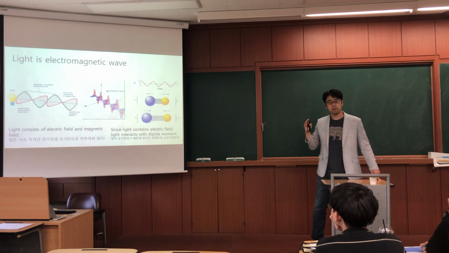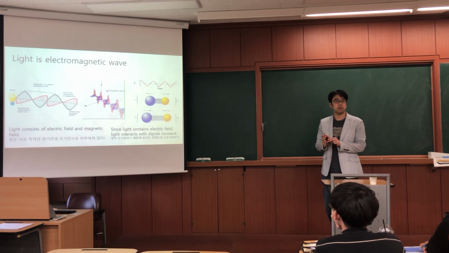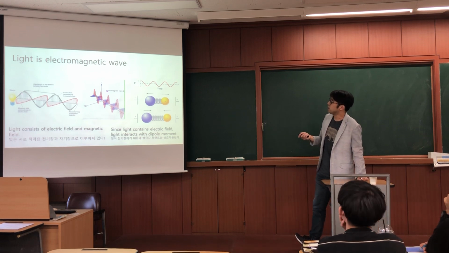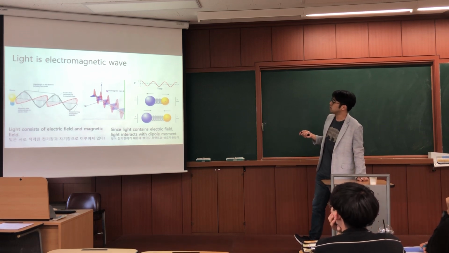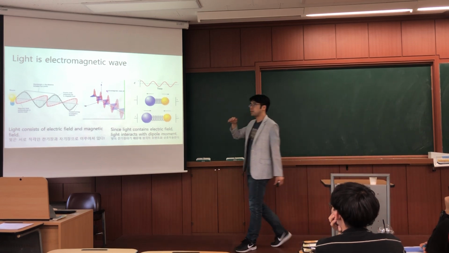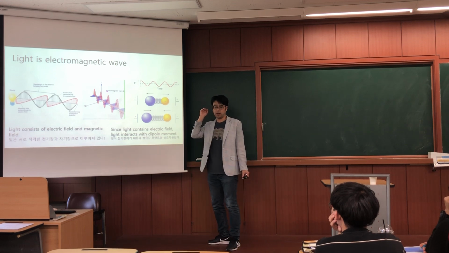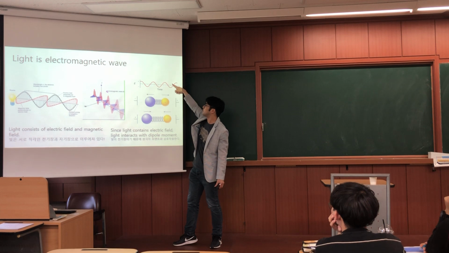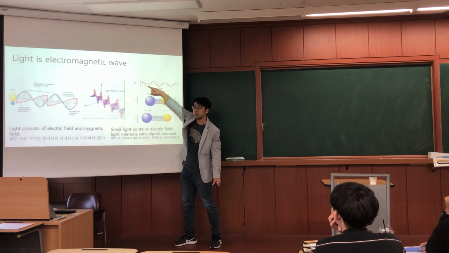So the electric wave and magnetic wave mean that light has the property of being able to interact with charges or magnets. When light hits an object, it contains an electromagnetic wave.